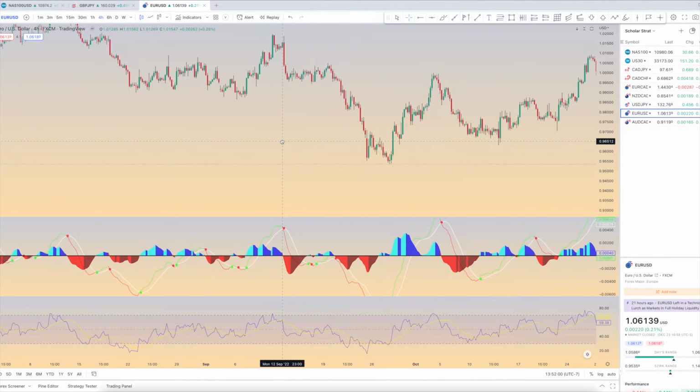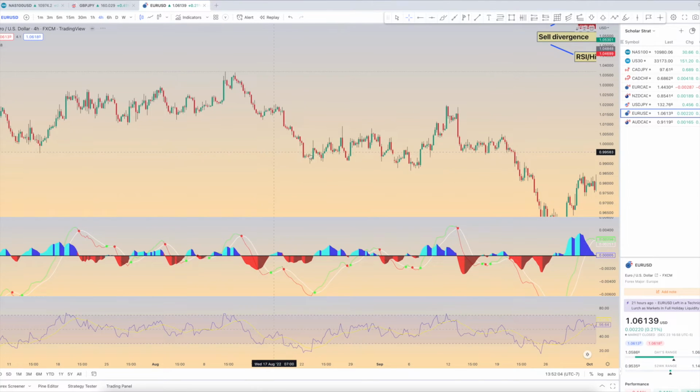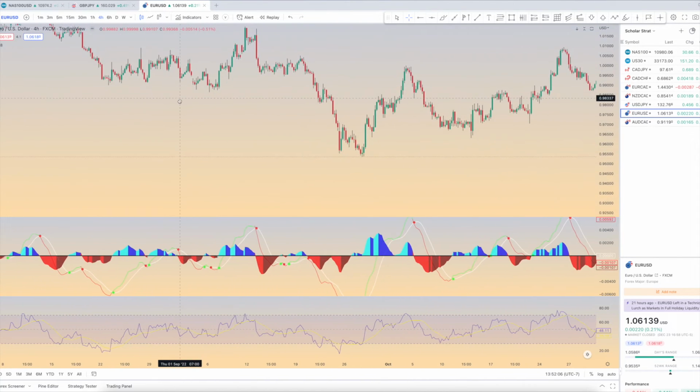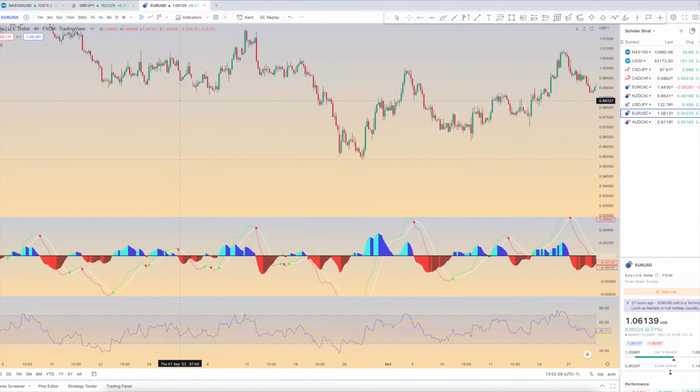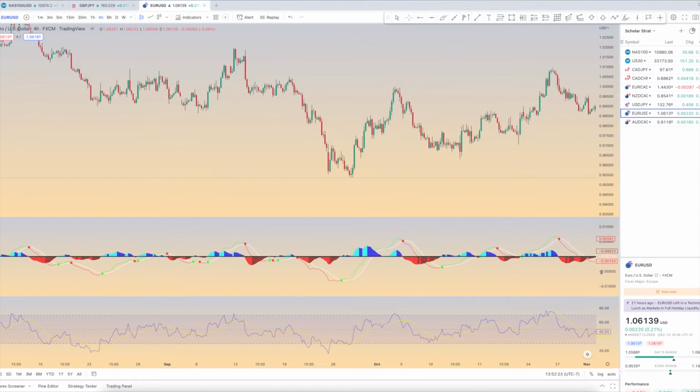But the 4-hour time frame is good to look at for longer term trades. Thing is, divergence and convergence can be used even on the 1-minute time frame, right? It's very adaptable, and on the smaller time frames, that's when you're going to be doing more scalps than anything else. So I'll just show it to you on a 4-hour, and feel free to apply it however you see fit.